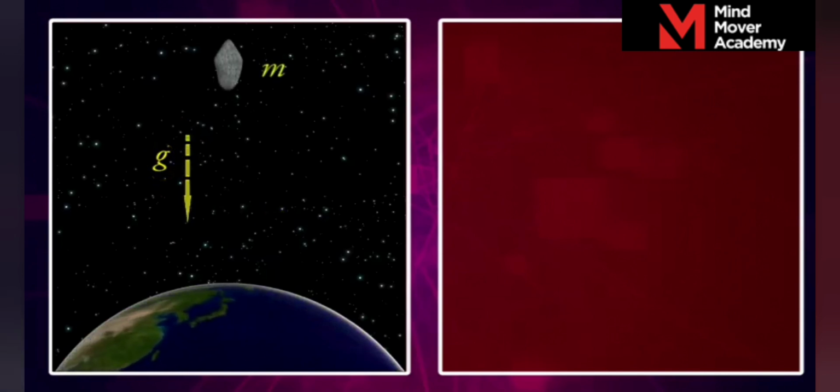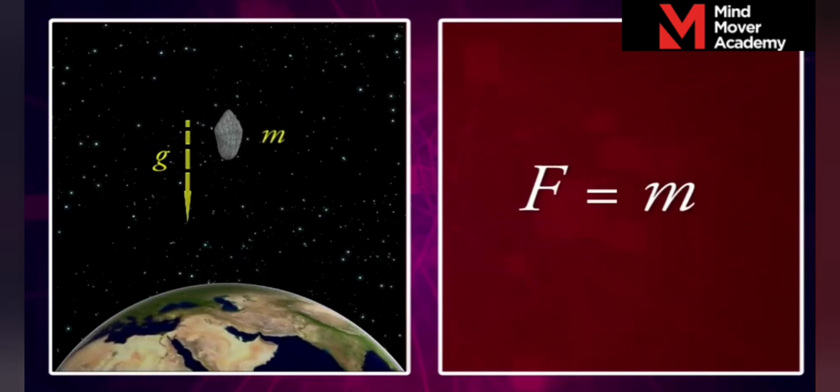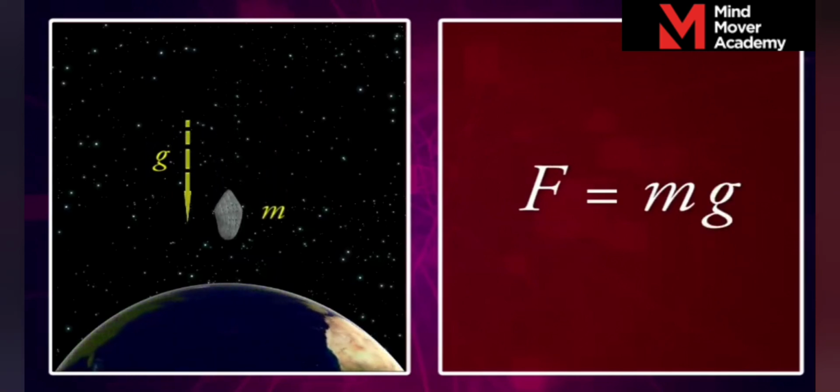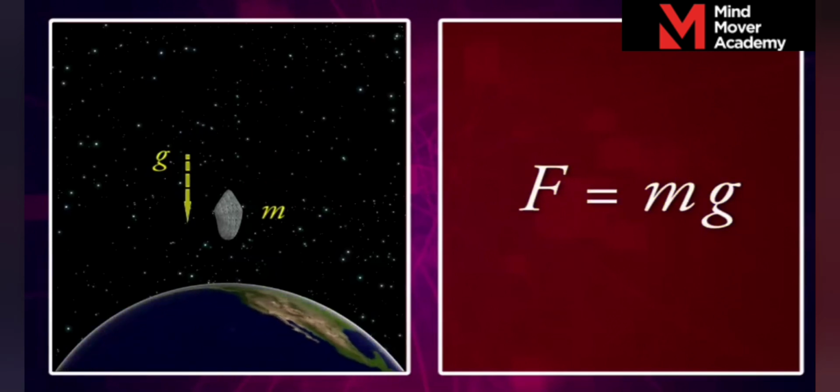Therefore, the magnitude of the gravitational force F will be equal to the product of mass and acceleration due to the gravitational force, that is, F is equal to mg.